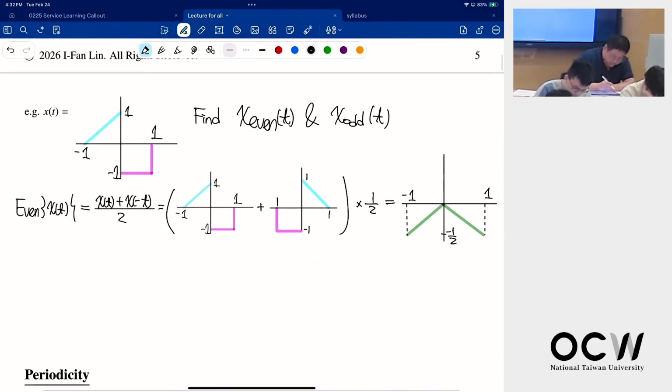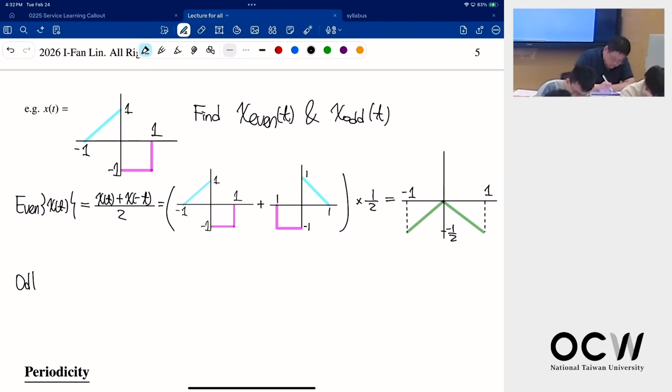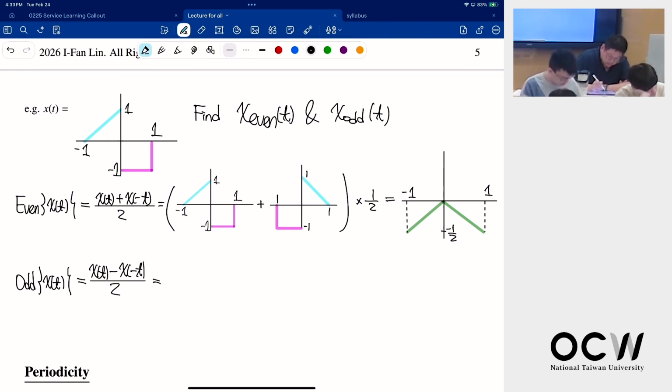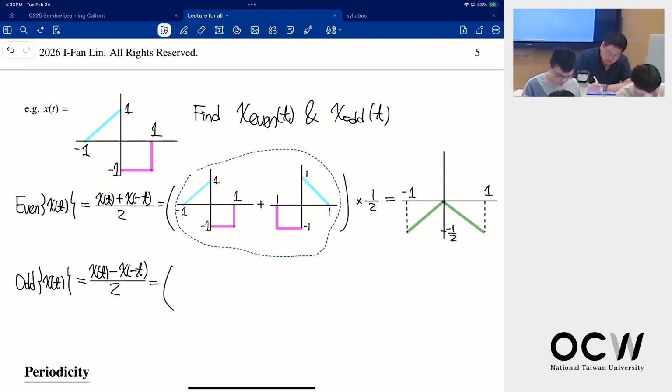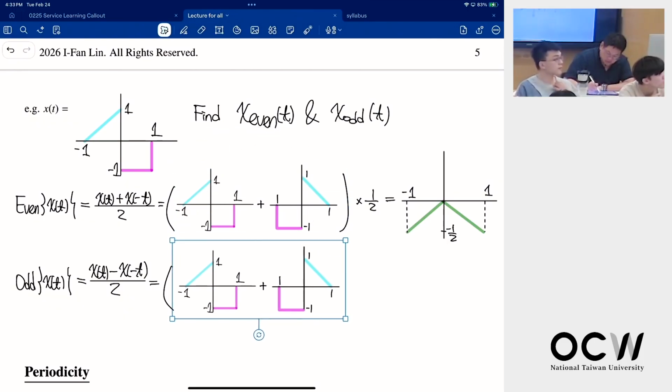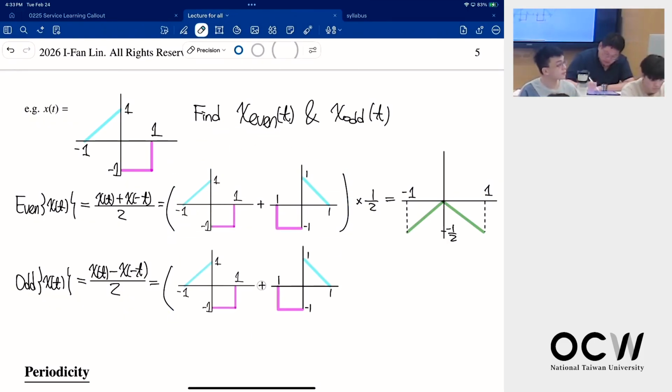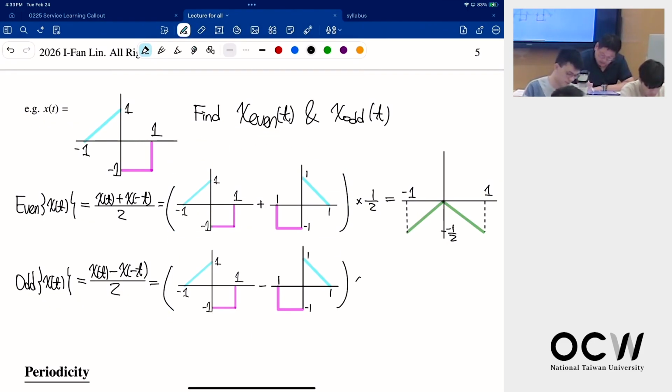And for the odd signal, that'll be x of t minus the reverse signal. So the good thing is that they just copy it here and then do the minus. Similarly, divide by 2.